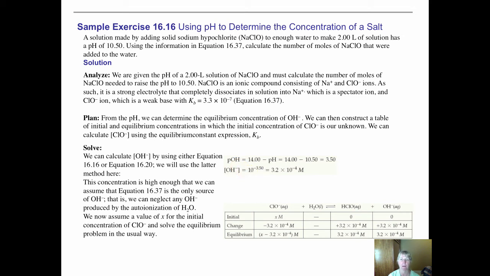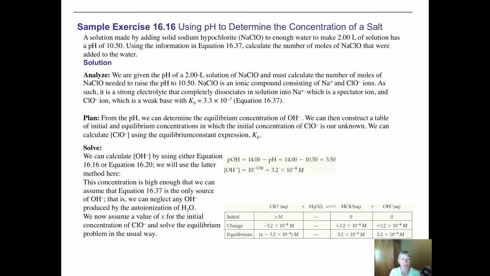Whoops, that doesn't look right. Here we go. If I take 14 minus the pH, I will have the pOH, and if I want to go from pOH into hydroxide ion, that's where the 10 to the negative 3.5 comes from. So apparently the hydroxide ion concentration is 3.2 times 10 to the negative 4.